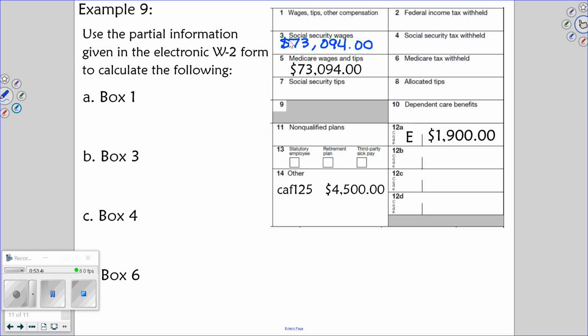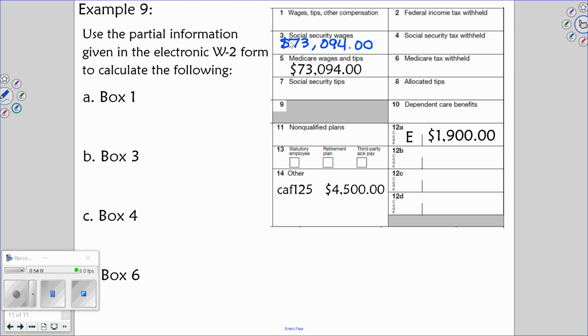Is box 1 going to be higher or lower than these? It's lower, because this is money that's taken out pre-tax. Add these two together and subtract it from these.